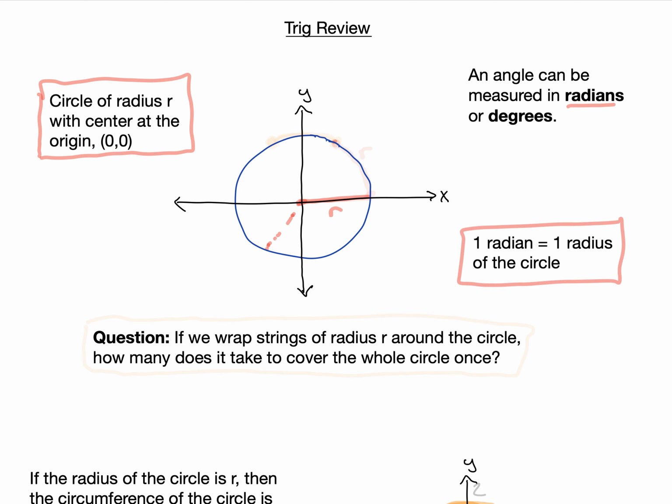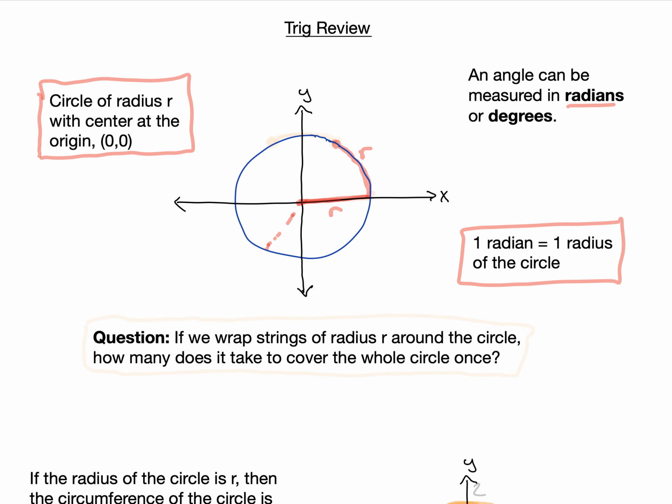If we take that radius r and think of it as a string that we can pull around and move around, and we put that string against the circle, it would go about that far. So that's about one radius of the circle.